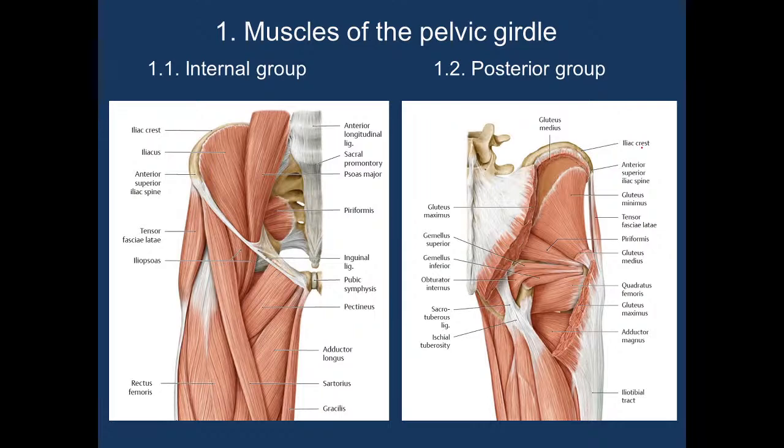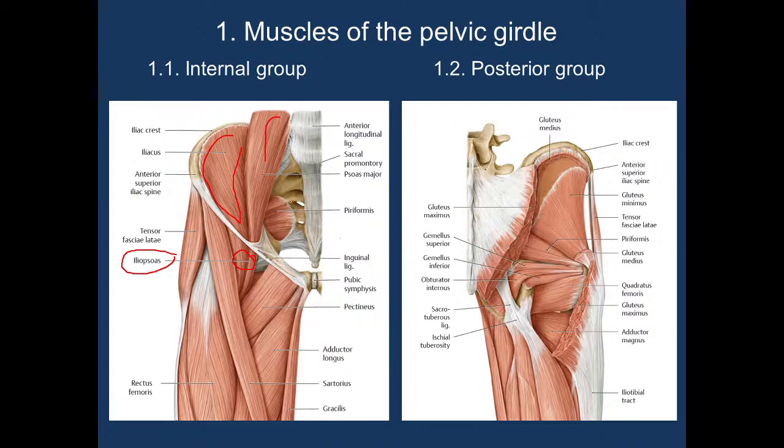Muscles of the pelvic girdle. They are internal muscles. Here you see psoas major, iliacus, and when they combine together here on the thigh, we call these muscles iliopsoas muscles.